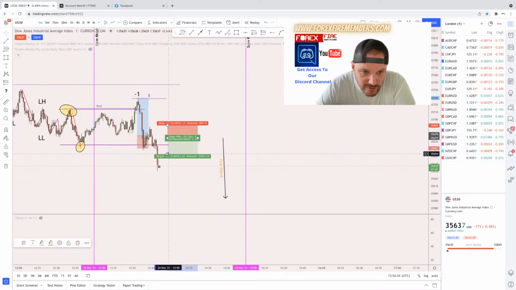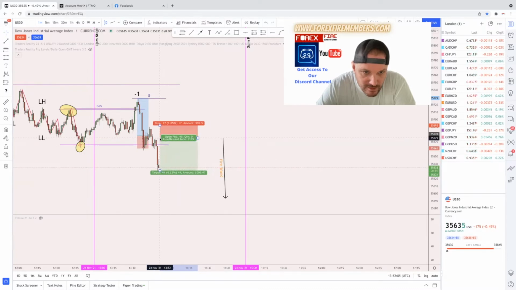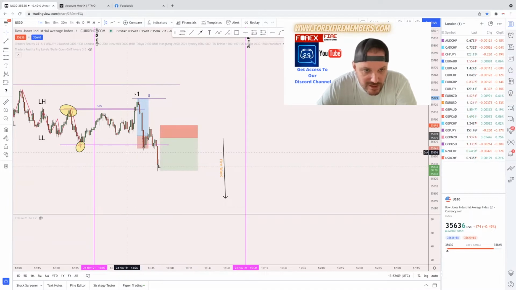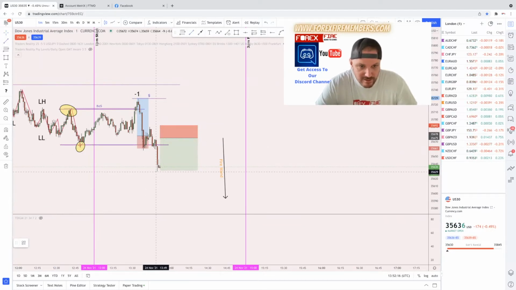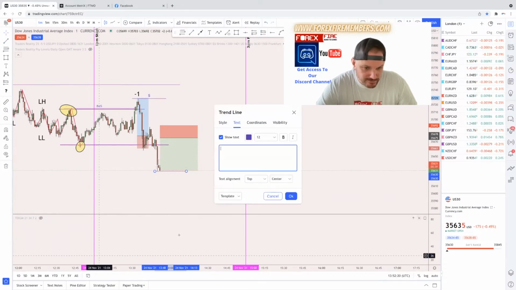Give it a bit more of a cushion. There's a 1 to 2.5 there. We'll see what we get on that. We'll get rid of this. Liquidity resides on the top. Liquidity resides on the bottom.